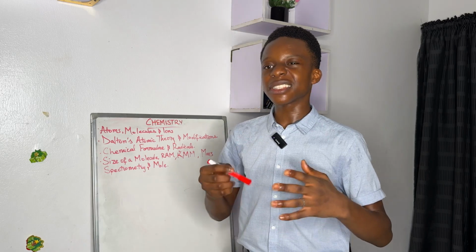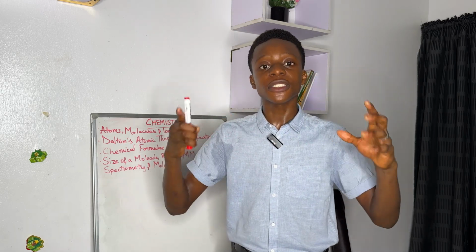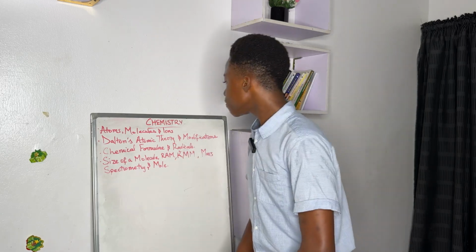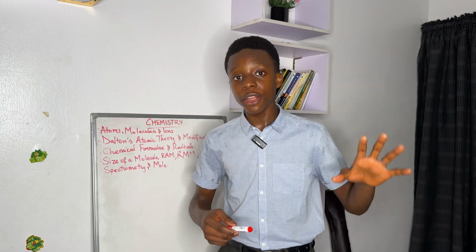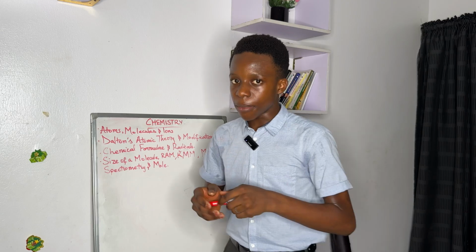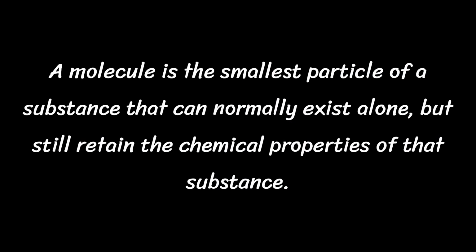So an element is like a substance consisting of the same type of atoms because atoms will still remain the smallest unit of matter. So from what I explained about molecules, the polyatomic, monoatomic, and diatomic molecules, what is a molecule? A molecule is the simplest particle of a substance that can exist by itself normally, but still retain the chemical properties of that substance.